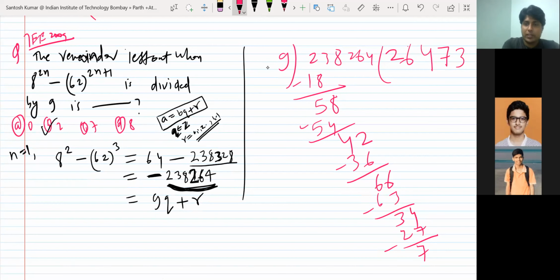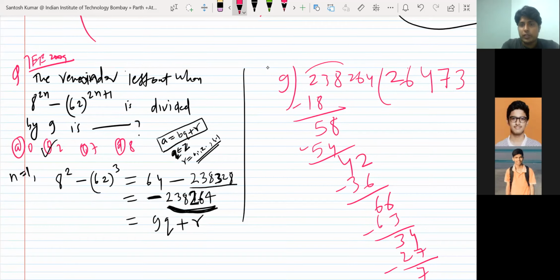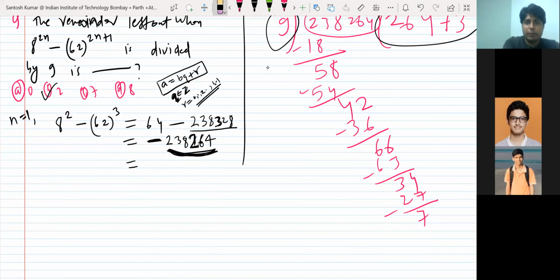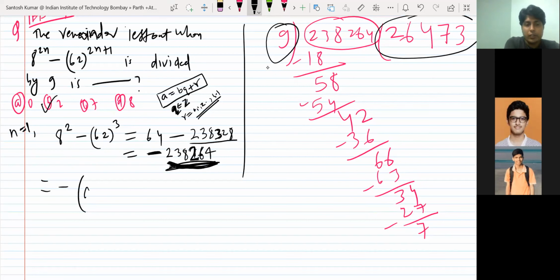So now I'm writing this number as 9 times this plus 7. I'm taking the minus outside. The dividend can be written as divisor into quotient, where the quotient is 26473, plus remainder 7.